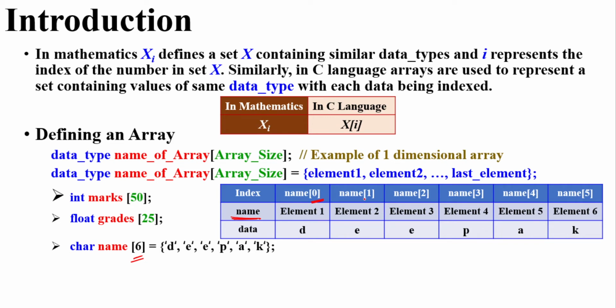So 0, 1, 2, 3, 4, 5. If we count, there are 6 elements. So here we have element 1, 2, 3, 4, 5, 6. 6 elements, but indexing starts from 0. So at the first index, that is the 0th index, we have the character D. Then in index 1 we have E. In index 2 we have E.